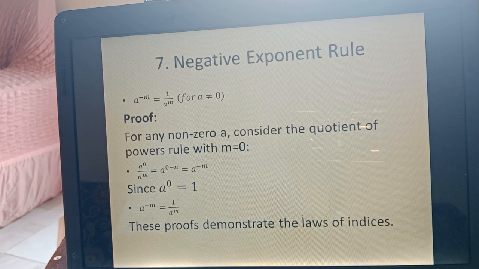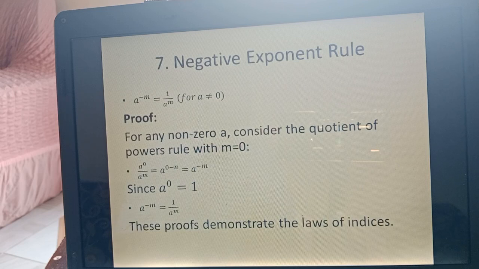Negative exponent: a raised to negative m equals 1 over a raised to m, for a not equal to 0. For any non-zero a, consider the quotient of powers rule with m equals 0. You find a raised to 0 over a raised to n is equal to a raised to 0 minus n, which equals a raised to negative n.